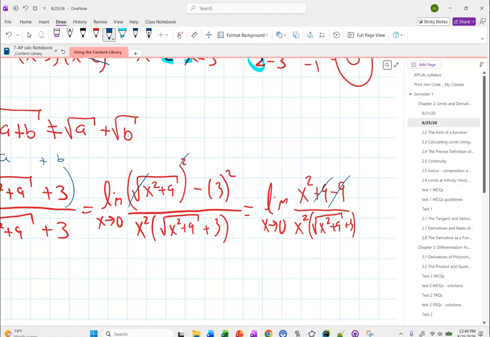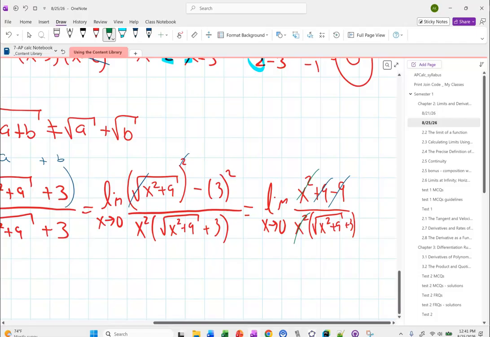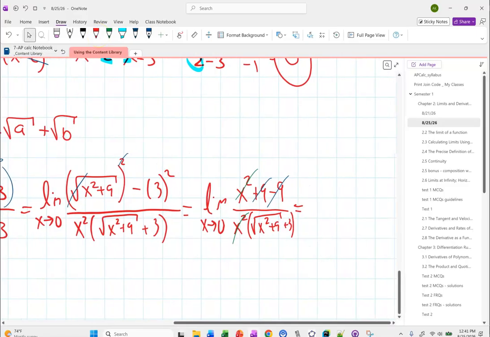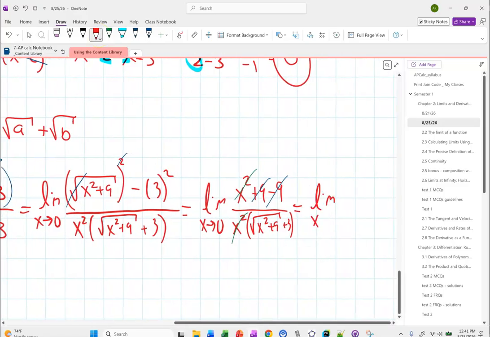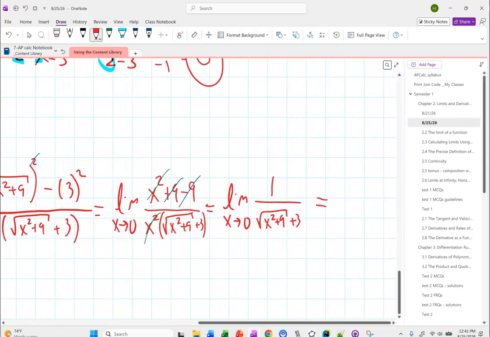I'm not going to square it. I have a factor of x squared on top and a factor of x squared on bottom. I'm going to reduce those out. So I'm going to end up with 1 on top. And now I can direct substitute.